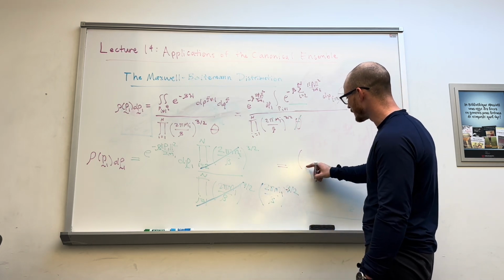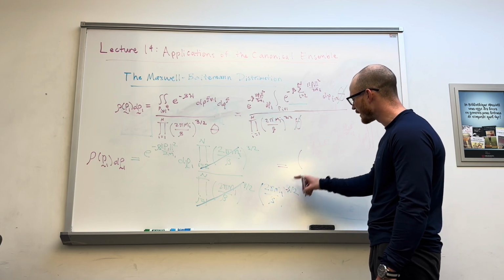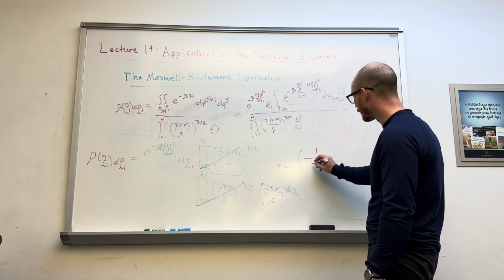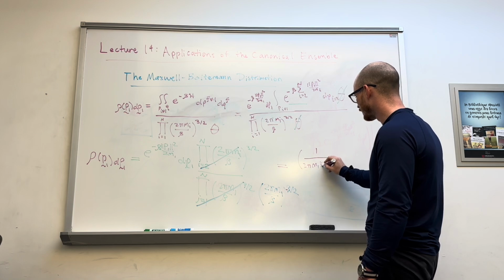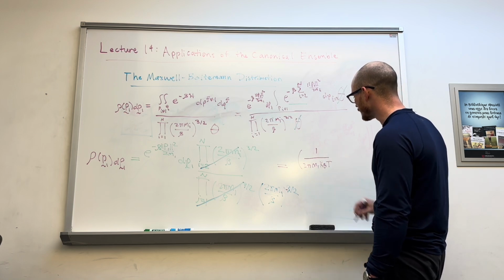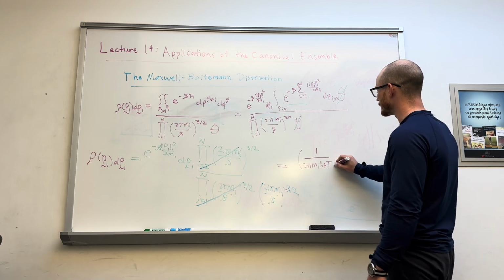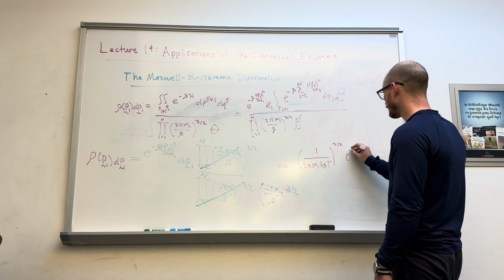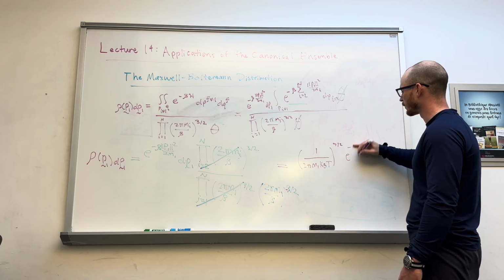So this should be then beta times 2 pi mi all in the denominator, right? So 1 over, and you can verify this yourself. And I'm going to rewrite beta as kBT. So we get 1 over (2 pi m1 kBT) to the 3 halves times this e to the minus beta, and we'll plug in for beta here.